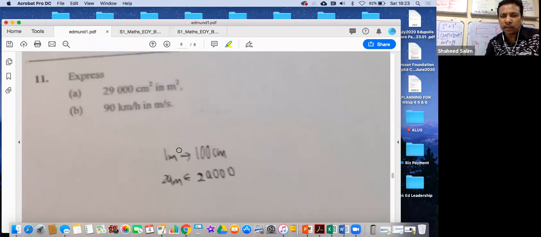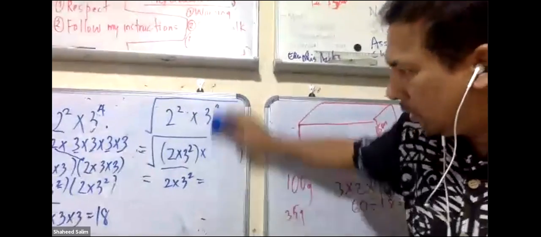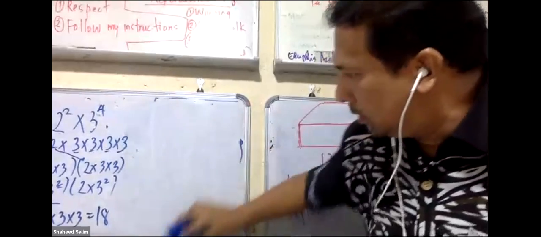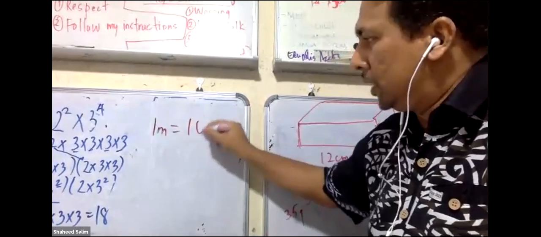Okay, let's see. Now they want you to express in square meters. So let us see. 1 square meter is how many square cm? Okay, we tried it first. 1 meter is 100 cm, correct?